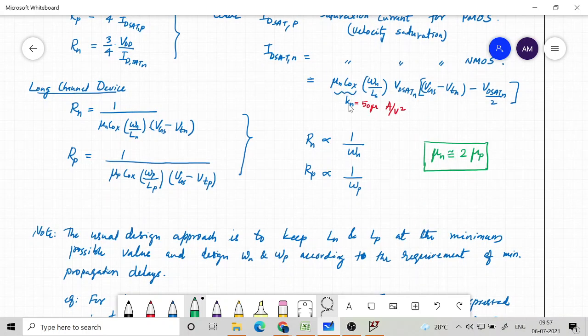Kn and Kp will differ by a factor of 2. Kn will be 2 times that of Kp, which we cannot change. So in order to compensate for that, Wn and Wp will be adjusted in such a way that the product of Kn and W by L is the same for both transistors. That is the approach we are following.